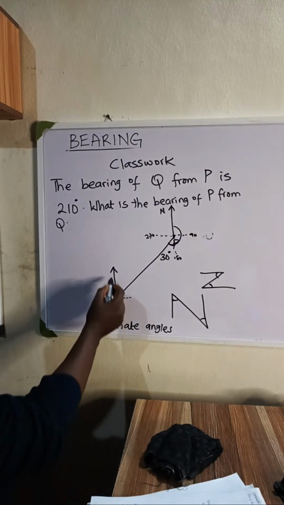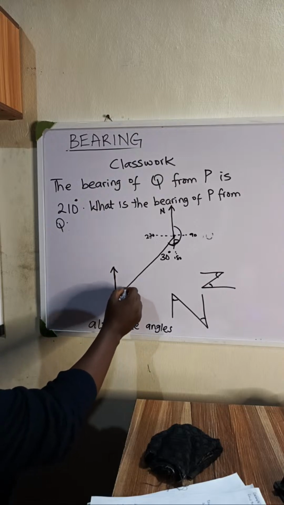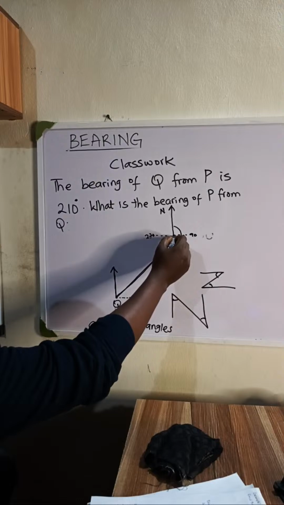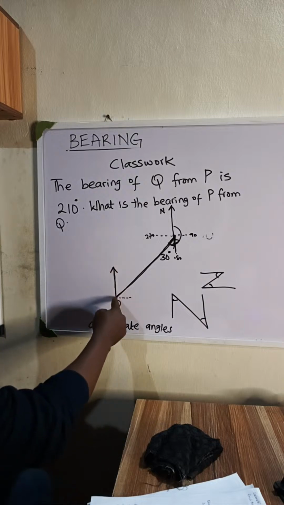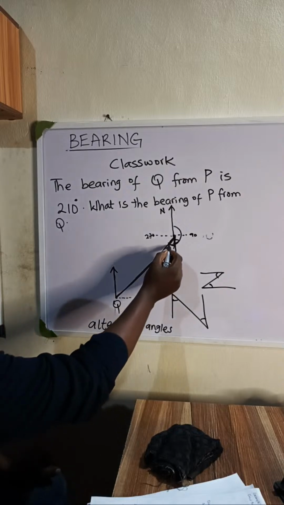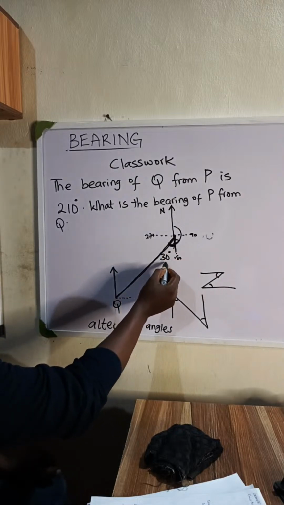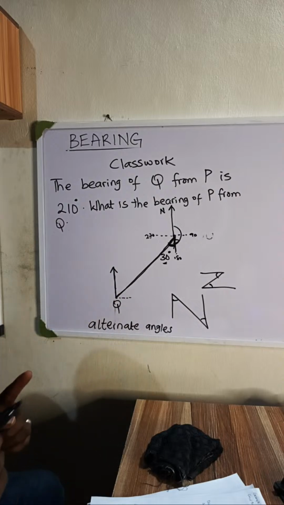Now, if you look at this shape here, you have something that looks like an alternate angle. If you see a situation like this, and you know that this extra angle here is 30 degrees, that means this angle here, remember, the bearing is clockwise direction.